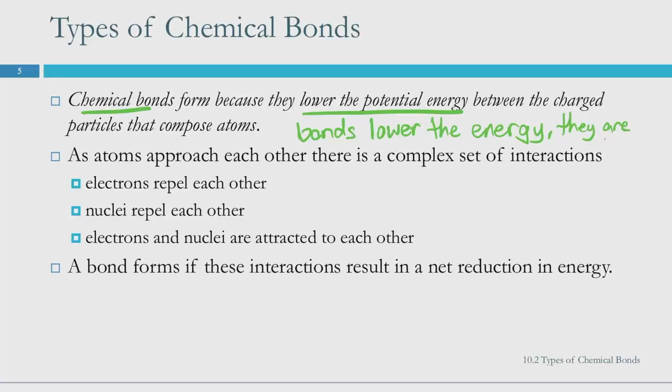They are stable. Bonds that form are stable. It lowers the energy of the atoms that go into it. In order to break the bond, you'd have to put in energy. I believe we've talked about this briefly.